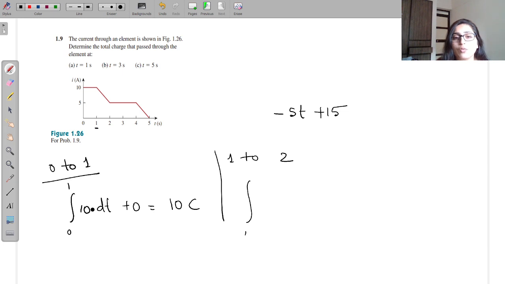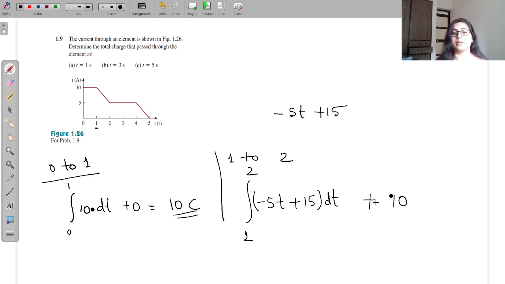So, now 1 to 2 definite integral of minus 5t plus 15 dt, and what is the initial charge, that is at 1? At 1 it is 10 coulomb, so write it 10. So here I am going to write minus 5t square by 2 plus 15t, and here I am putting the limits 2 and 1, plus 10.